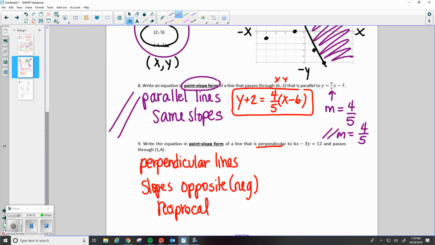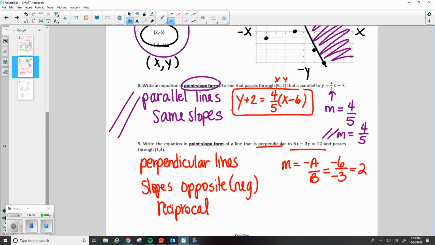So what I need to do on number 9 first is determine what the slope is for that particular line. So the slope for this line, again, you could write it as -a over b, which would be -6 over -3, which is +2.